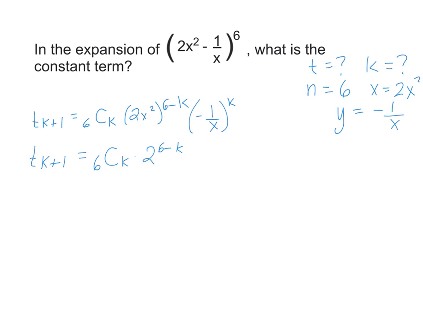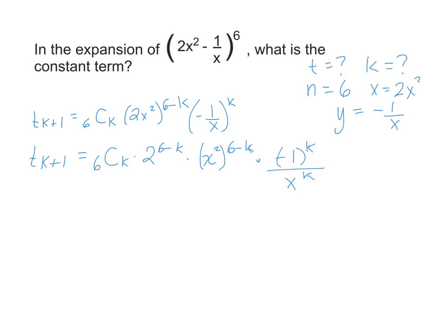and x squared to the power of 6 minus k. And then I'll do the same thing. Well, I'll do this one like this. Negative 1 to the power of k over x to the power of k. So just separating the negative 1 and the x that way. Now I want to put the x's together.